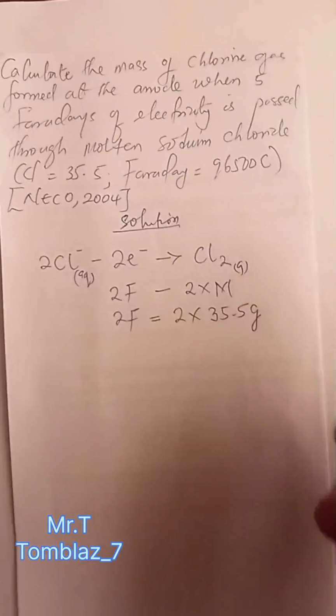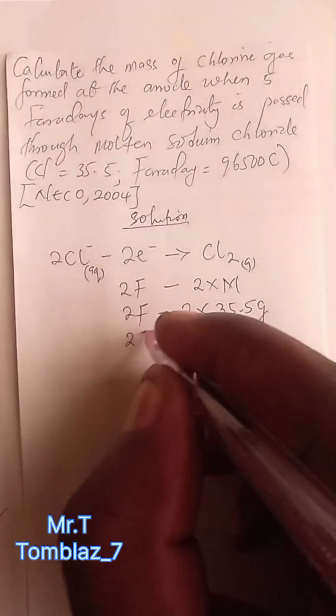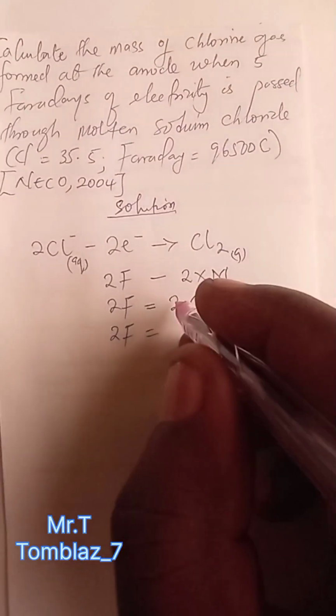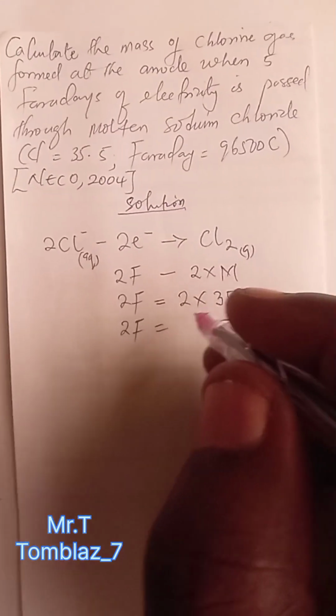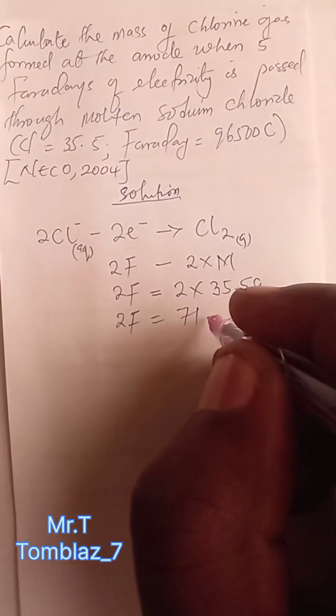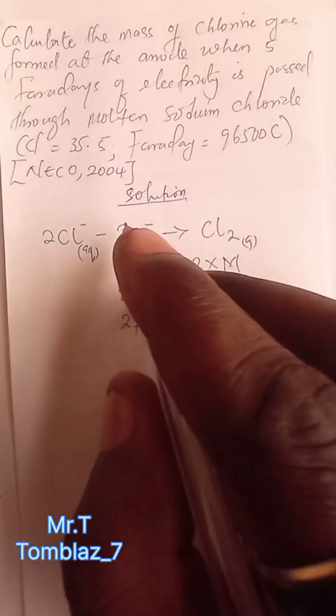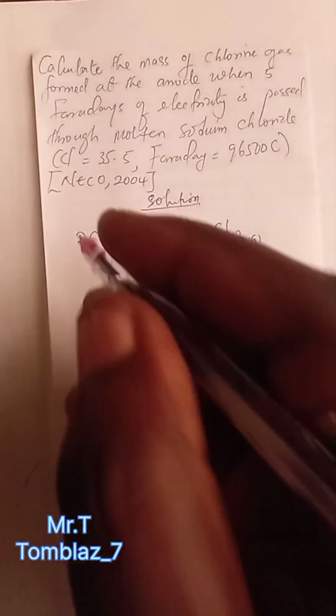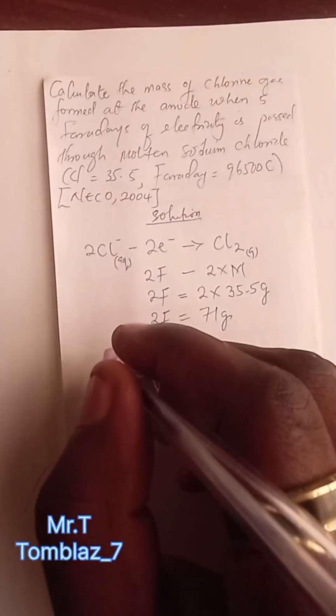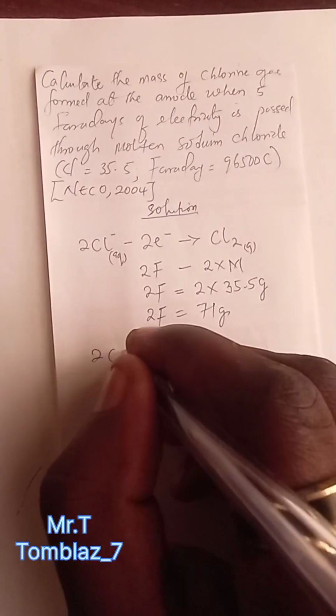So let's write it down: 2 Faradays equals 2 times 35.5, which gives you 71 grams. So it means 2 Faradays gives us 71 grams.